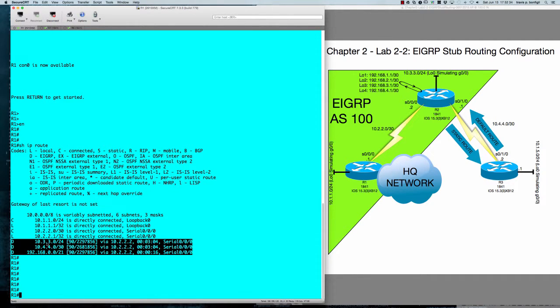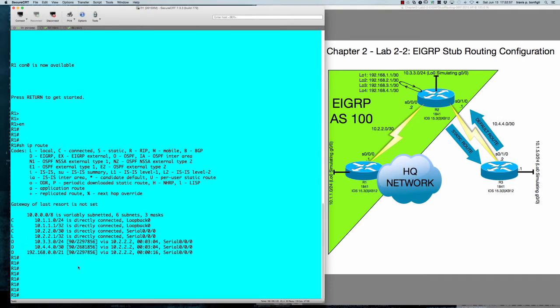We have the route for the directly connected interface 10.3.3.0, which is the simulated LAN segment behind router 2. We've got one for 10.4.4.0, which is the transit network between router 2 and router 3. And then we have the summary, which we just created for the loopback addresses hanging off of router 2.